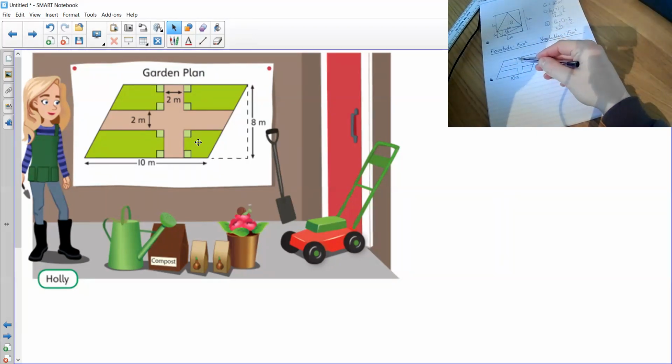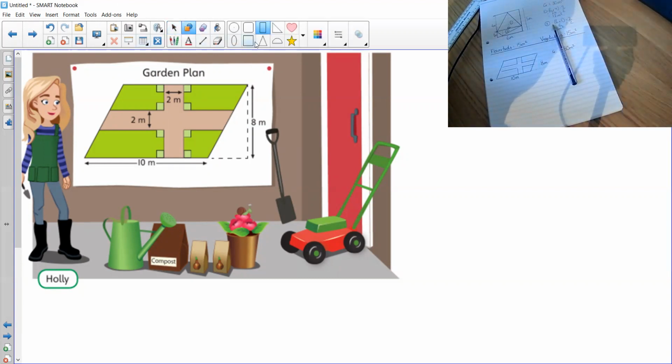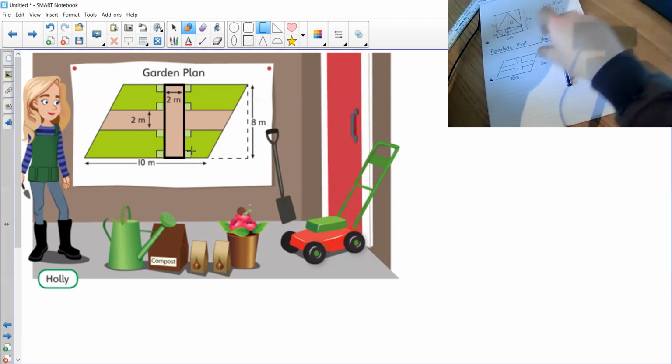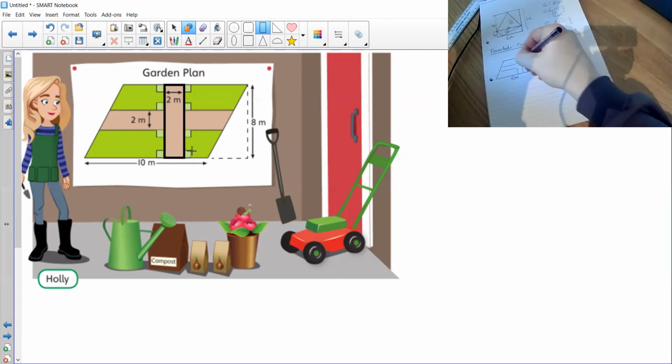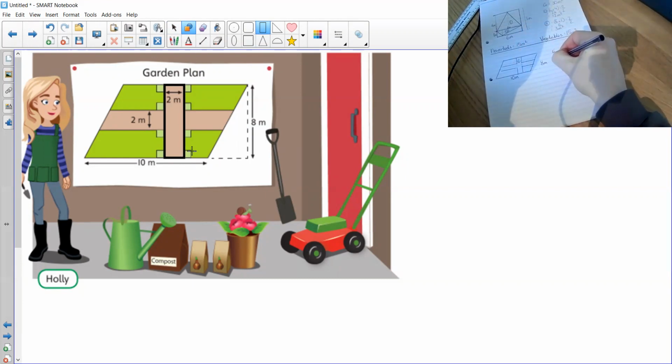Now I need to work out these garden paths here. If you look at the screen over here, if I get this shape out, you can see that that is a rectangle. How do I work out the area of that rectangle? Let's call this path 1 again. Well, I know it is base times height.